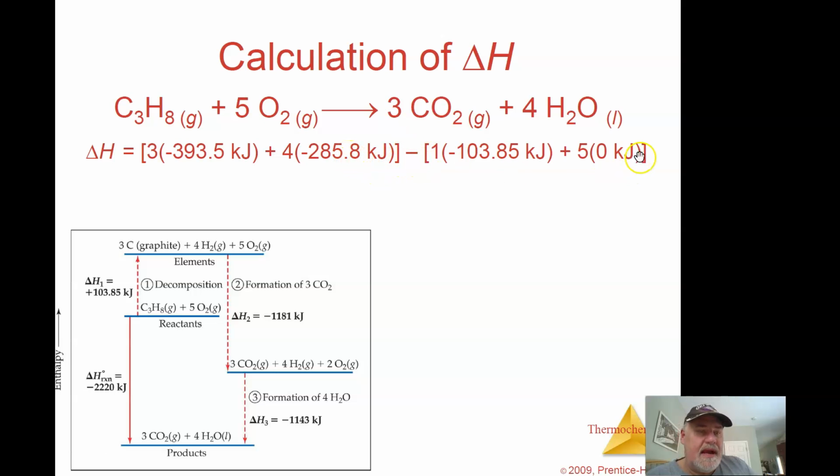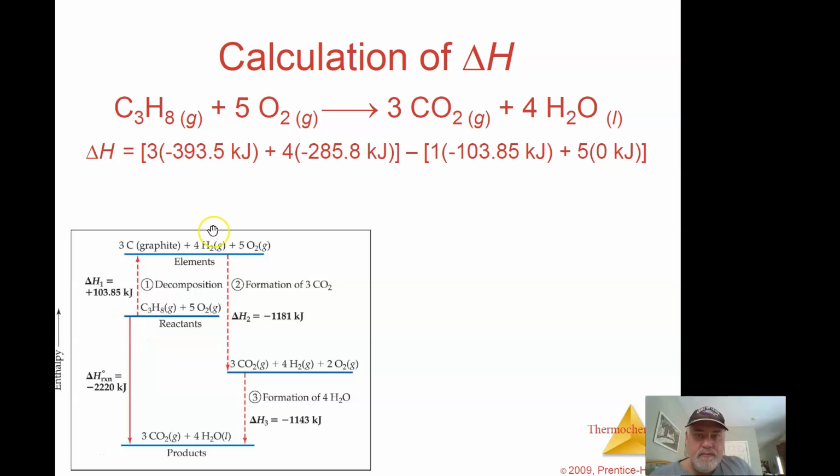And then you subtract the whole thing here. Be a little careful with order of operations here. You see we got brackets and parentheses. But when you do the math on this, you'll get the change in heat for the reaction, which will be negative 2219.9. So here, this was a crude experimental version, and it's right in the right ballpark.